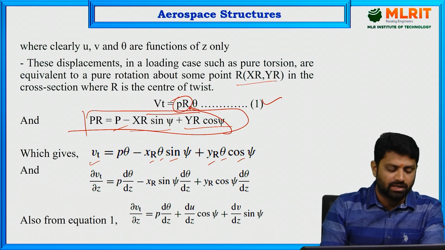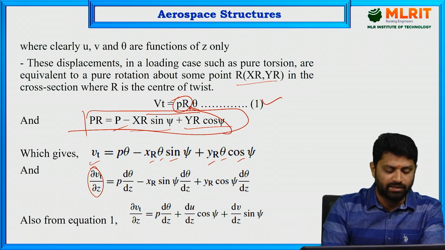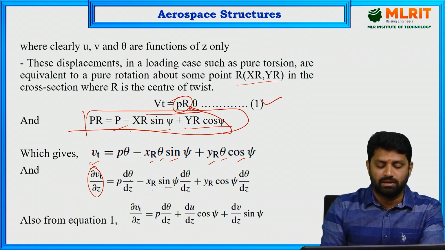Now we differentiate this equation with respect to Z, so that you get dou Vt by dou Z equals P into d theta by dz minus XR into sin psi into d theta by dz plus YR into cos psi into d theta by dz.